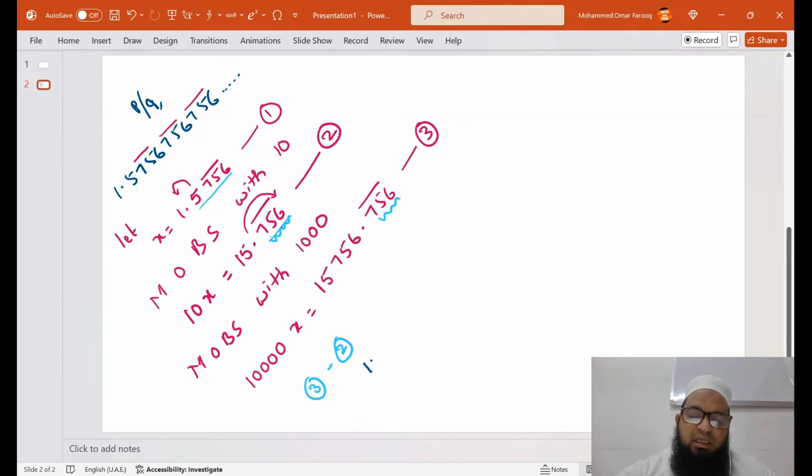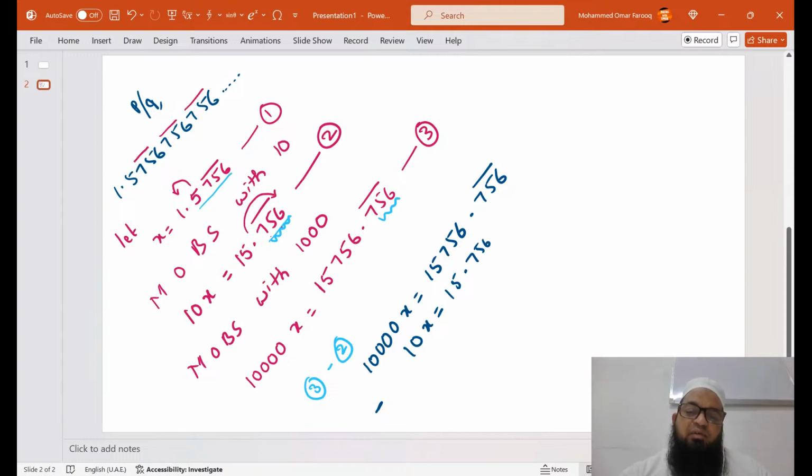That means 10,000x equals 15,756.756 bar minus 10x equals 15.756 bar. But when you are writing, don't start writing from here. Whenever you subtract decimals, you have to make sure that the decimal point is beneath the decimal point.